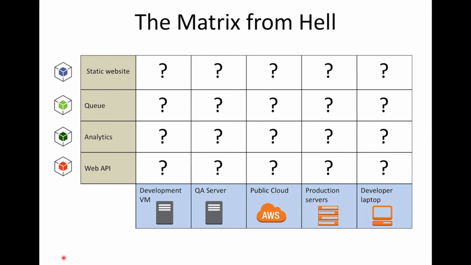So our analytics stack has to be deployed to a development environment, a quality assurance environment, the public cloud, a developer laptop. So every single one of these application stacks likely needs to be deployed in all of these different environments.